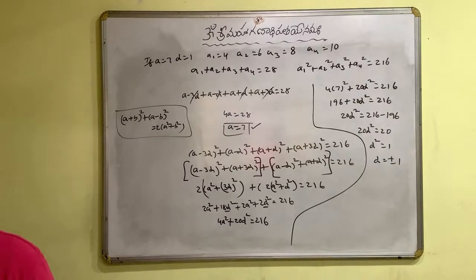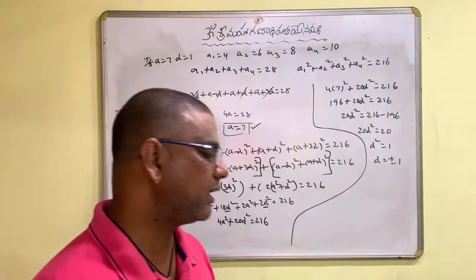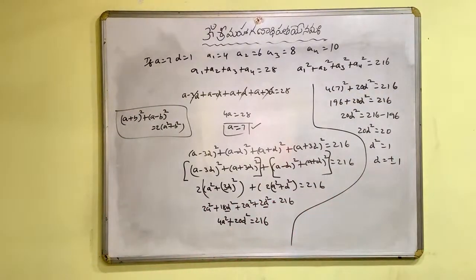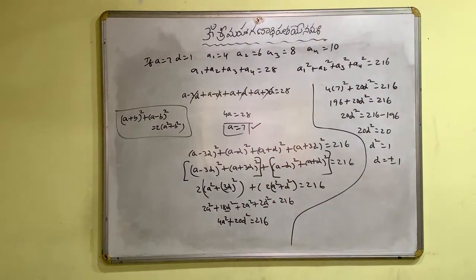Now if A is 7 and D is minus 1, then what are the numbers?